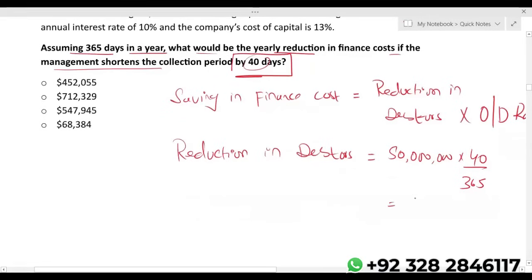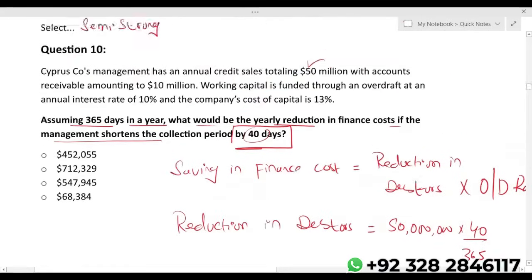Students, I'm getting 5,479,452. Now we just need OD rate. OD rate is 10%.